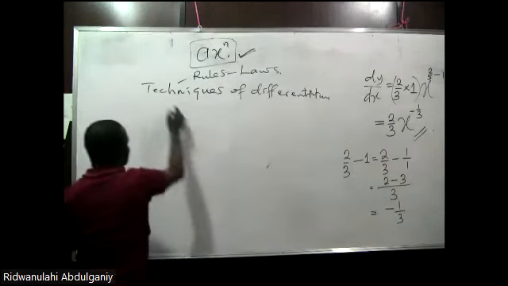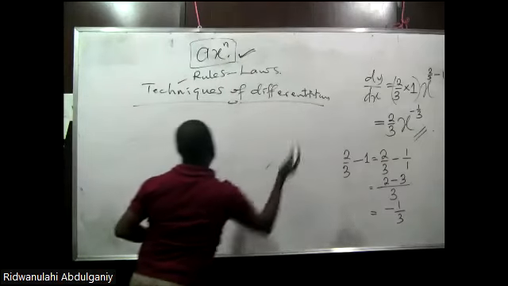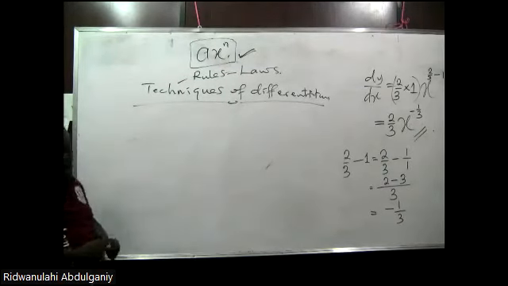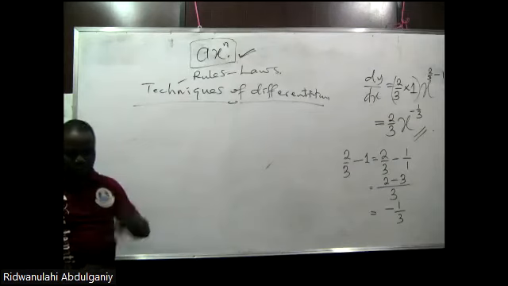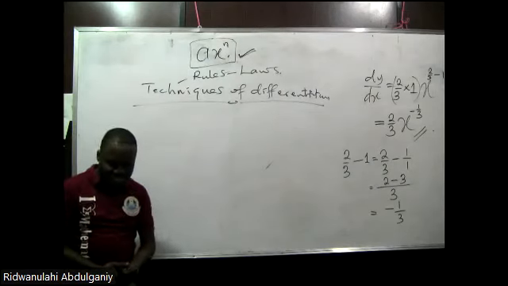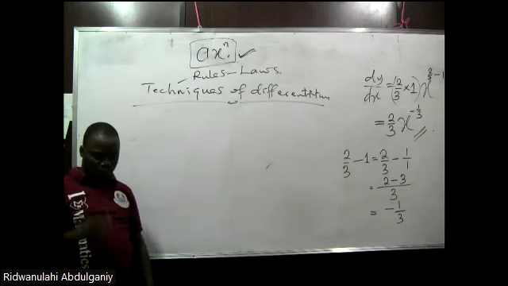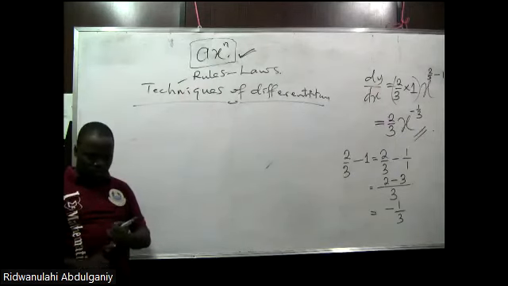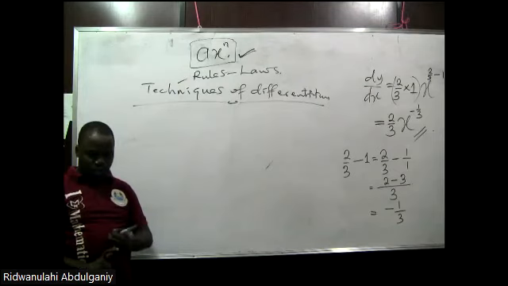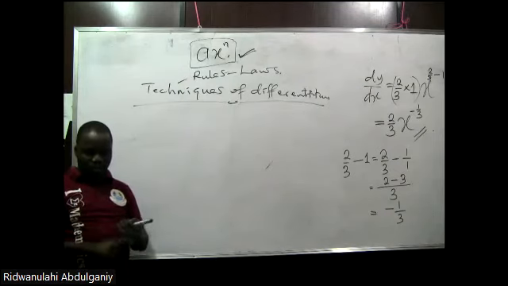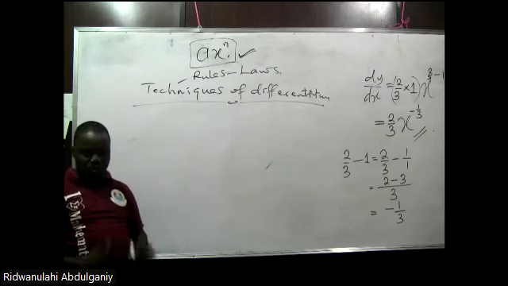Whichever the case may be, we are saying the same thing. We want to look at about 4 techniques: sum rule, function of function, product, and quotient. I will start with sum, since we have done sum already.